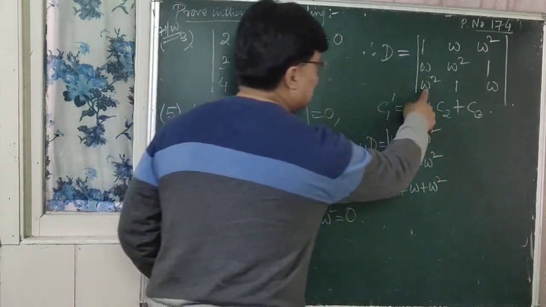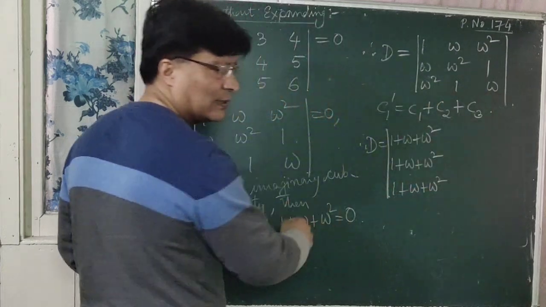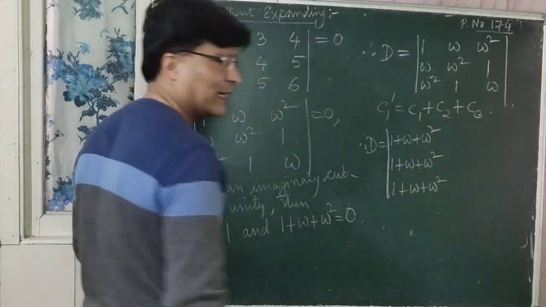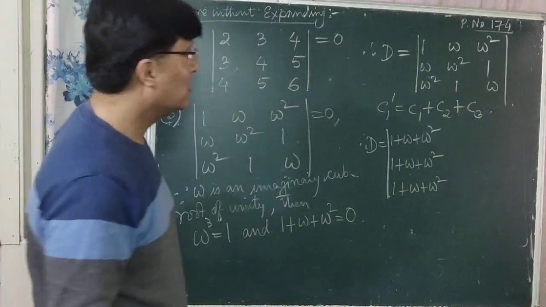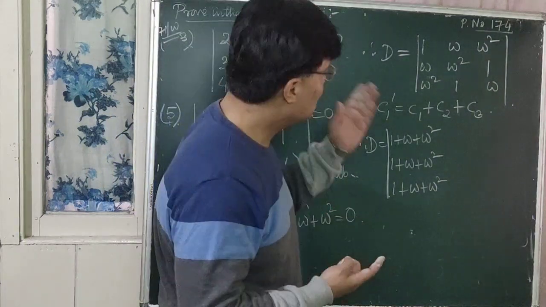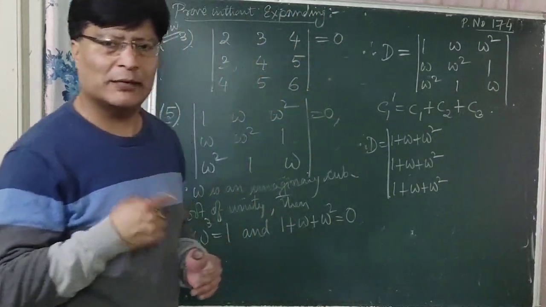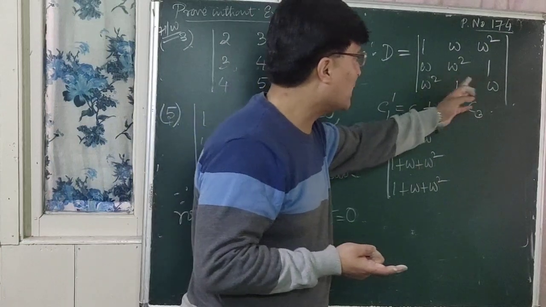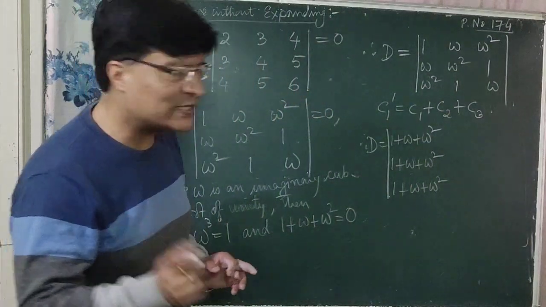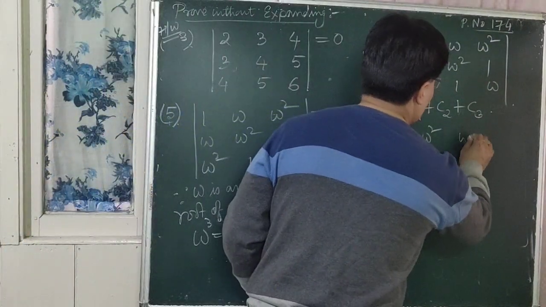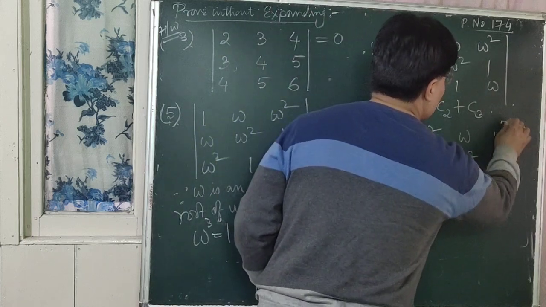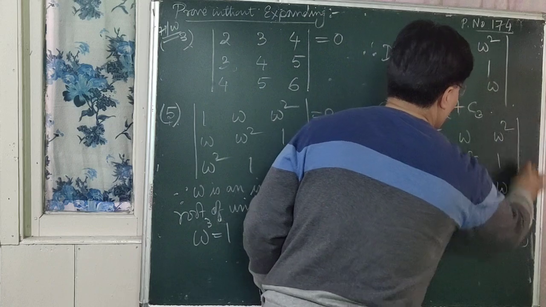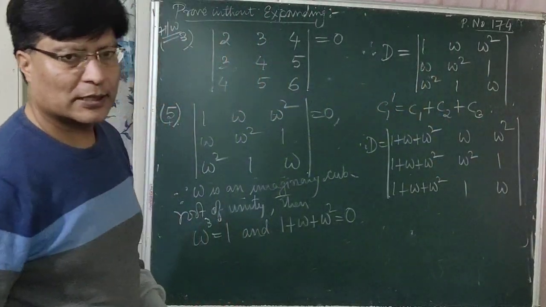That means these three terms are added and we have written here. And others, second column and third column, keep them same. Second column and third column remain same, right? Omega square 1, next omega square 1, and this is omega. Is it clear to all of you?